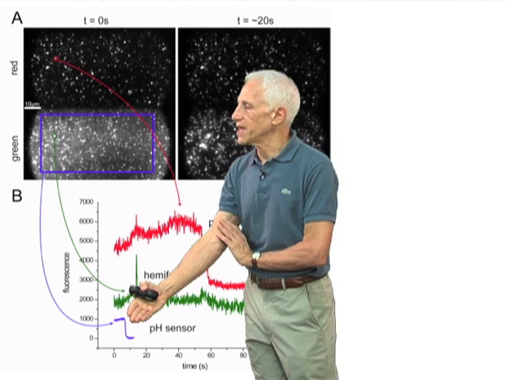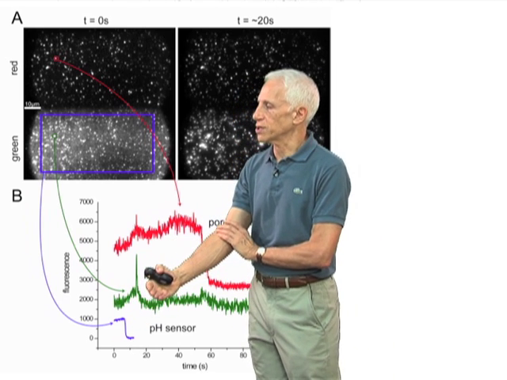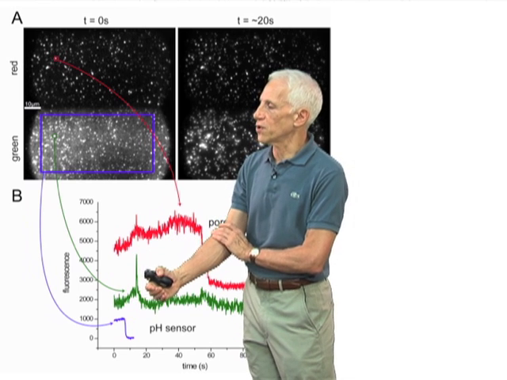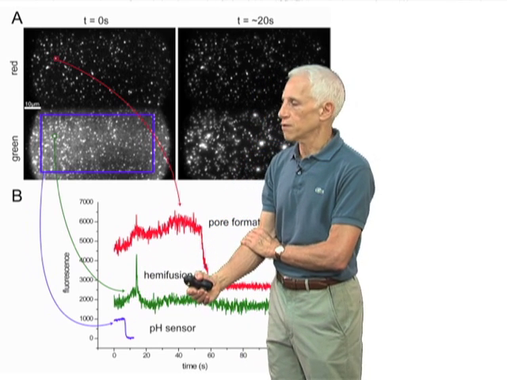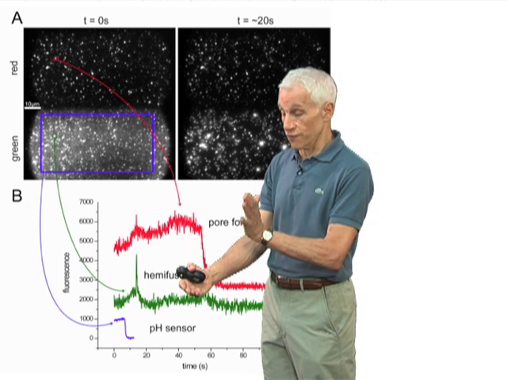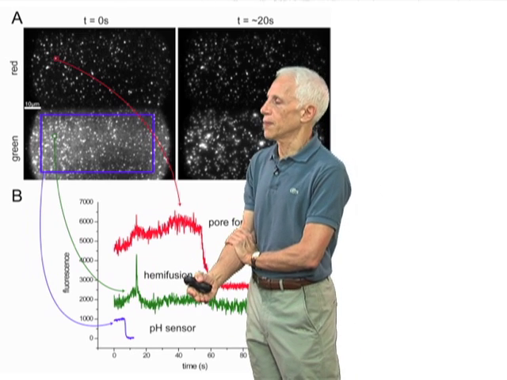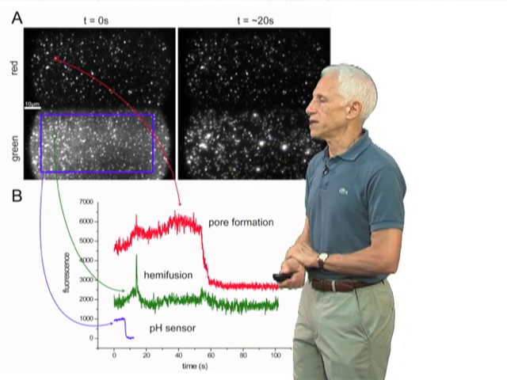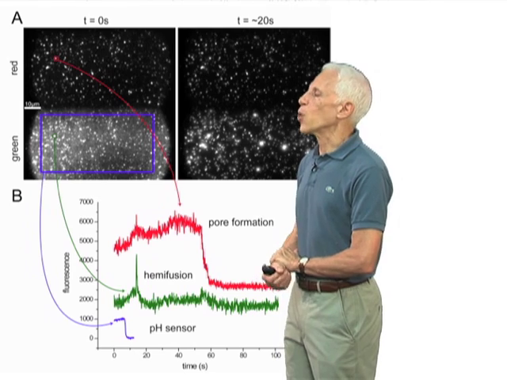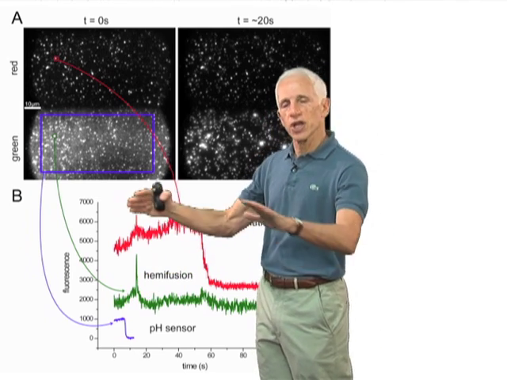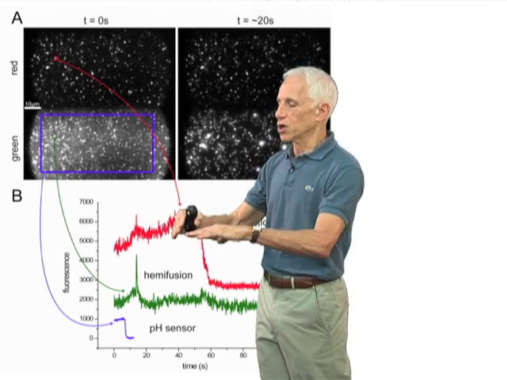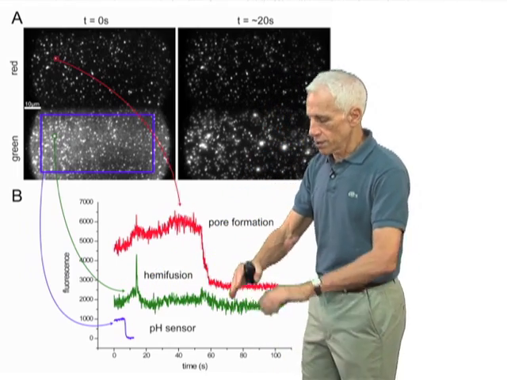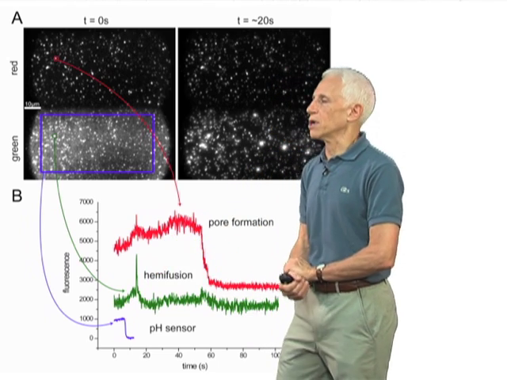What happens when the pH drops is that, with a certain time delay, there is suddenly a rise and then a rapid fall of the fluorescence from the hydrophobic fluorophore. That's because there's enough of it in the membrane that the signal is quenched. This represents dequenching as the two membranes begin to merge, as the hemifusion event occurs, and then the fluorophore diffuses away in the target membrane.